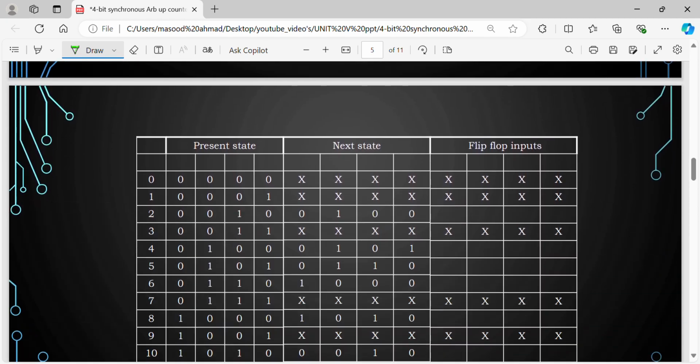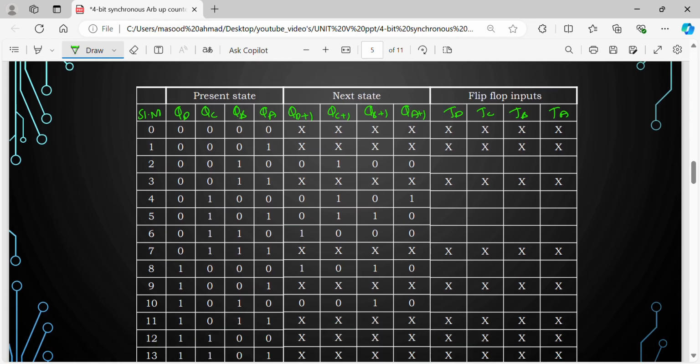The present state is the flip flops A, B, C and D, with serial numbers as written here. Now we get the next state QA plus 1, QB plus 1, QC plus 1, QD plus 1. Then the inputs are TA, TB, TC and TD.